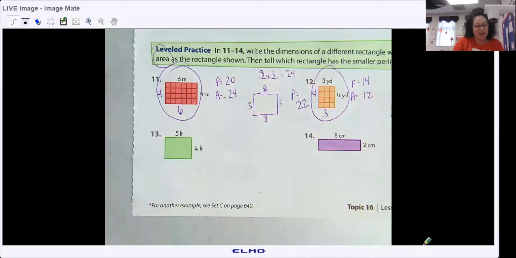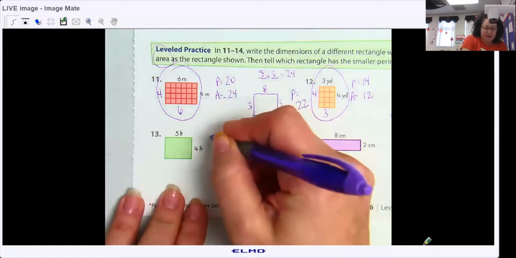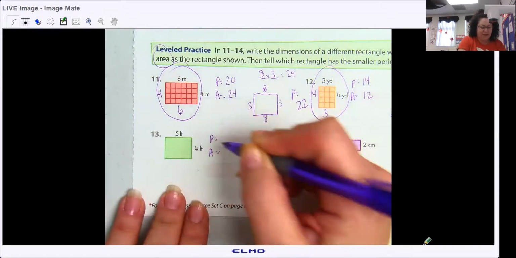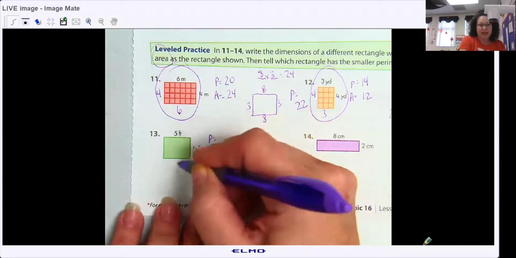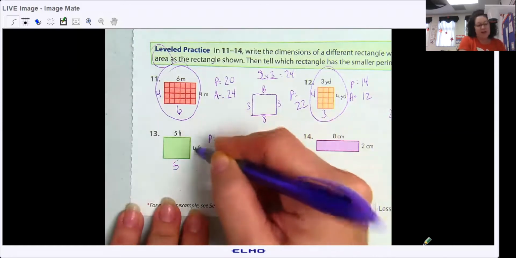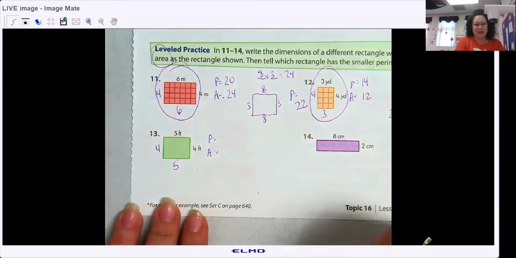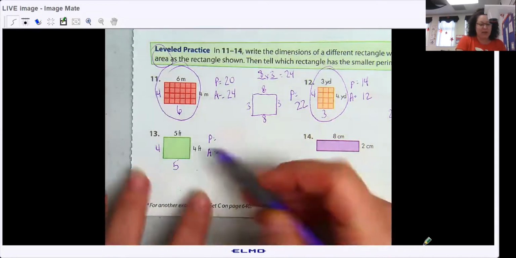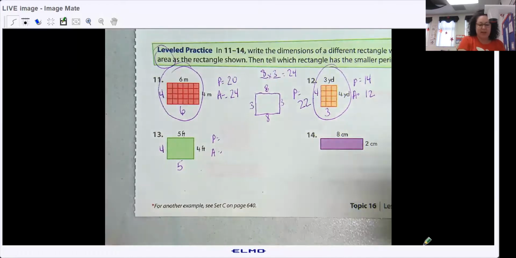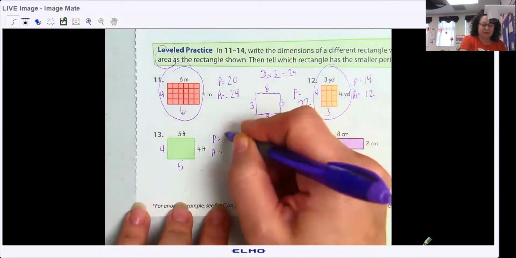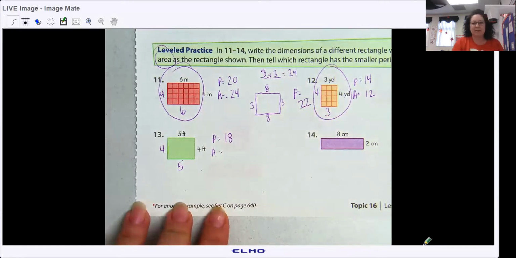All right, let's do number 13 the same way. We need to find the perimeter and the area. Okay, if this side is 5, this side is 5. If this side is 4, this side is 4. Then we can just add them up. 4 plus 5 is 9, 5 plus 4 is 9, and 9 doubled is 18.